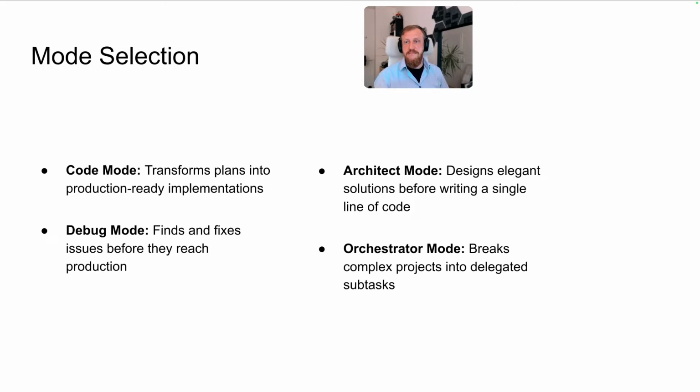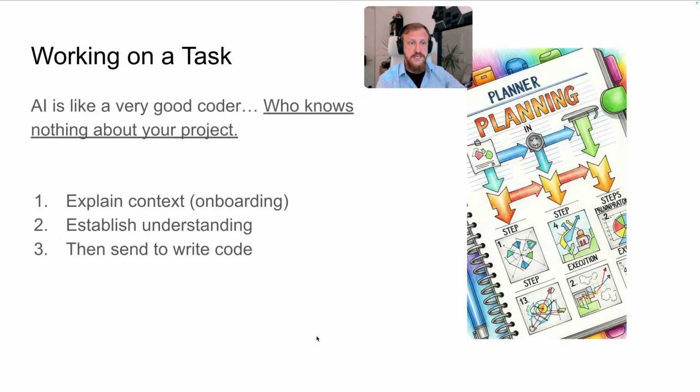But it's not such a smart idea. Usually you want to design it first. Maybe use orchestrator mode to break it into subtasks. But the overall idea is that you choose the right mode, and then you design and plan the set of things that are going to be applied before switching to code mode. Well, you can play with code mode, but we are already speaking about professional use. Then you might want it to be slightly different.